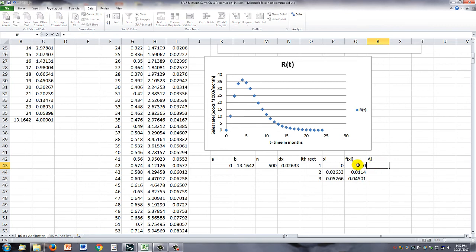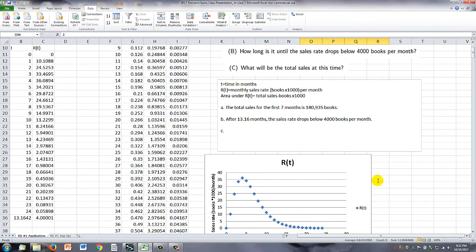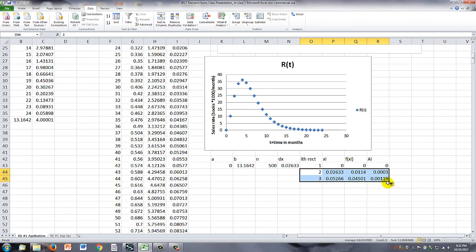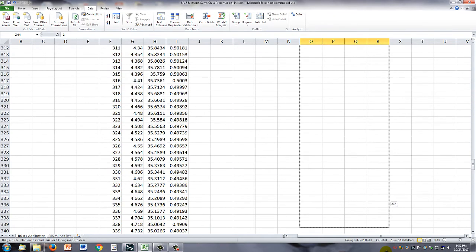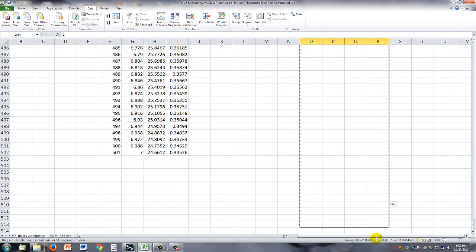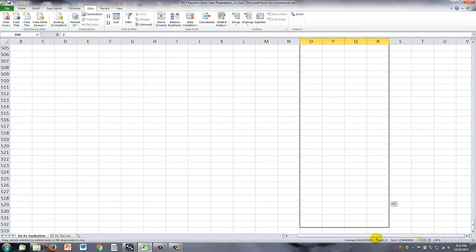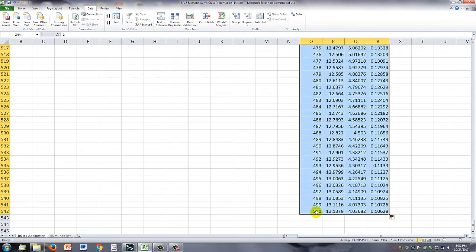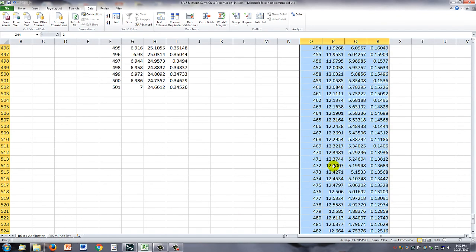Area is thousands of books per month times months. Hit F4. So this area under the curve is the total sales, and we want 500. All right, 500, and I'm in cell 542.